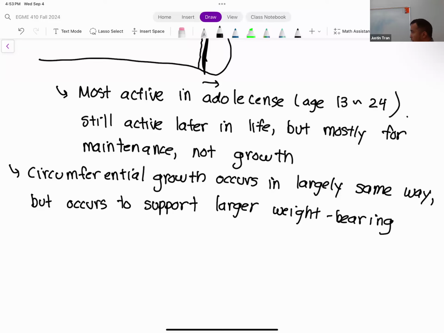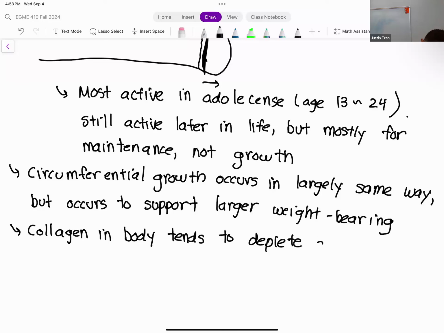Okay. So another phenomenon, on the subject of growth, typically as people get older, a lot of the collagen in your bones starts to wither away and is not as active as before. Okay? And it's not just in your bones, but a lot of the collagen in all the other parts of your body tends to wither away and deplete.